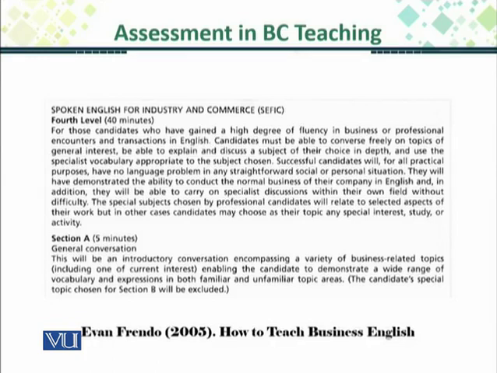Similarly, in section A, which is 5 minutes, there is a general conversation. This will be an introductory conversation encompassing a variety of business-related topics, including one of current interest, enabling the candidate to demonstrate a wide range of vocabulary and expressions in both familiar and unfamiliar topic areas.